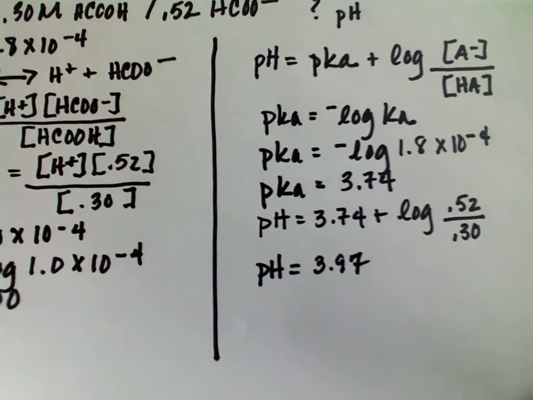So the next problem in your packet involves a couple different parts, actually 2 parts, I guess it is. And in this case, we're using a buffer composed of ammonia, which is a weak base, plus its conjugate acid.